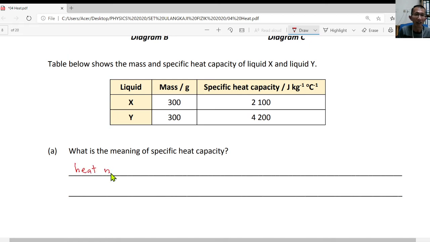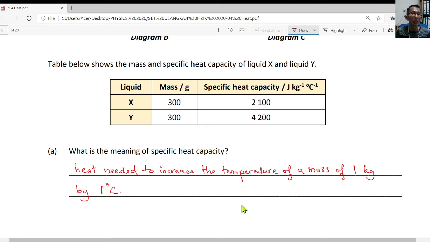The heat needed to increase the temperature of a mass of 1 kilogram by 1 degree Celsius.